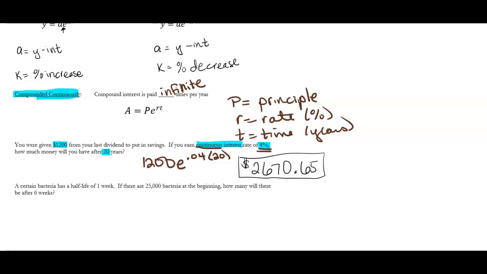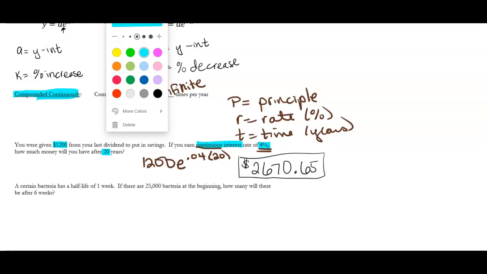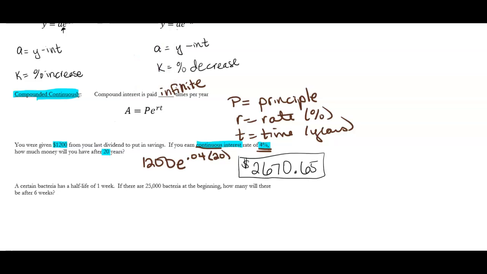Okay. All right, so let's look at this next one. A bacteria has a half-life. Okay, so we have to think about what it means when it says a half-life. Well, a half-life means that it's half as big. So that means that K is 50% because it's half of it. And when it has a half-life, that means it's getting smaller.